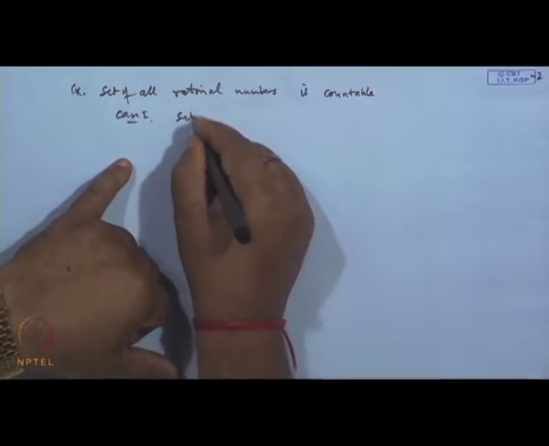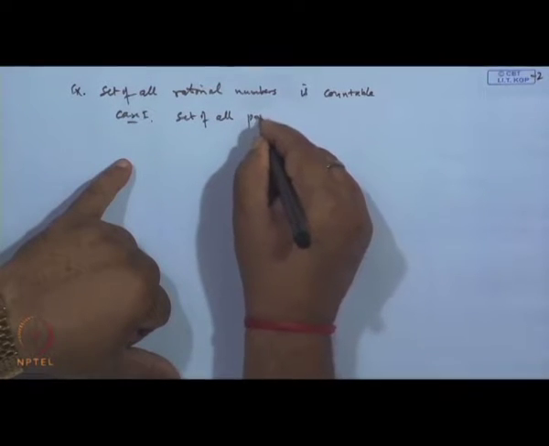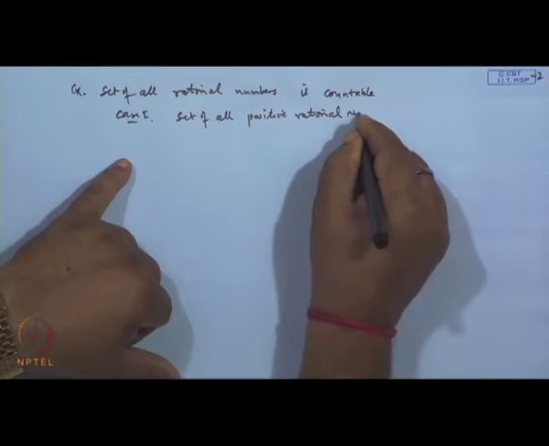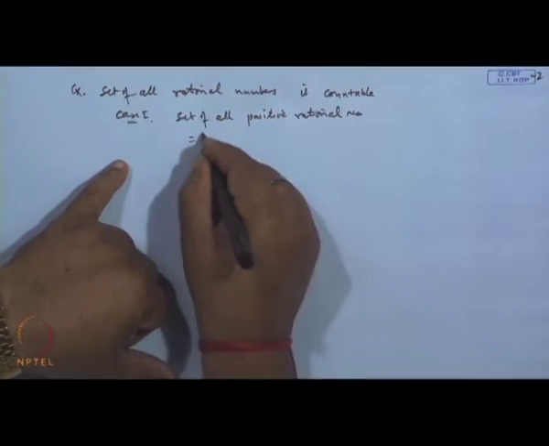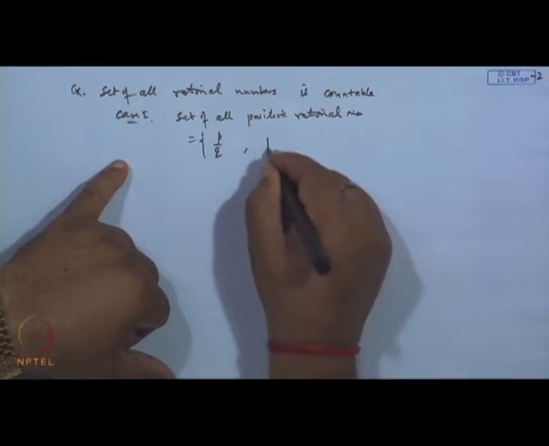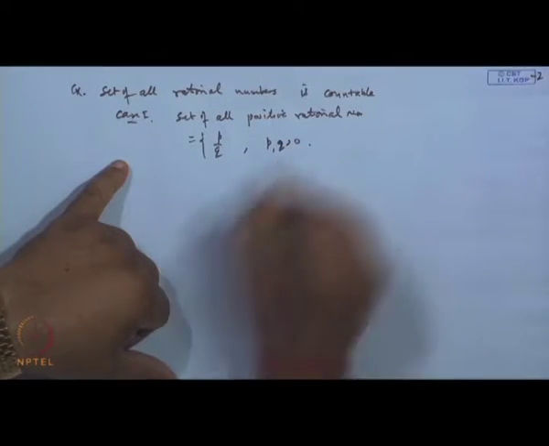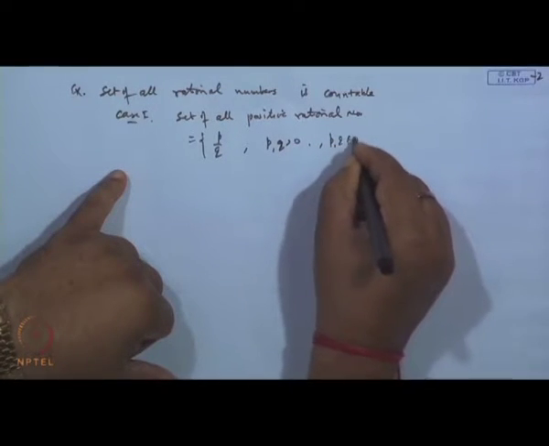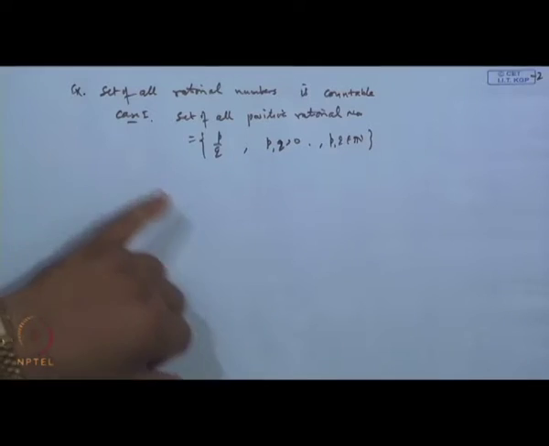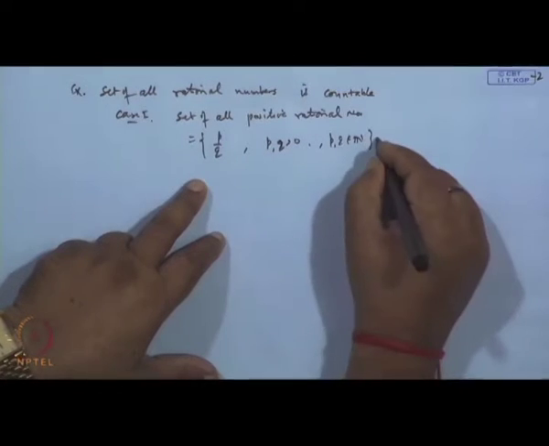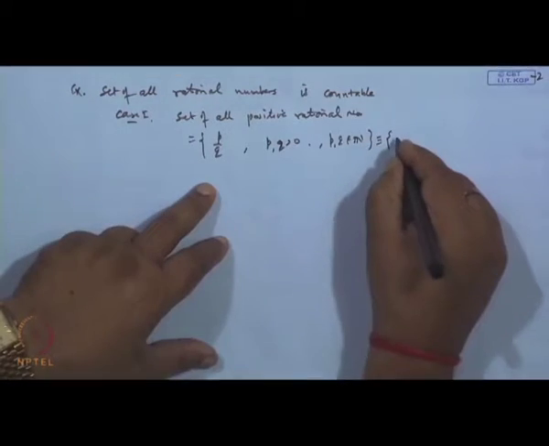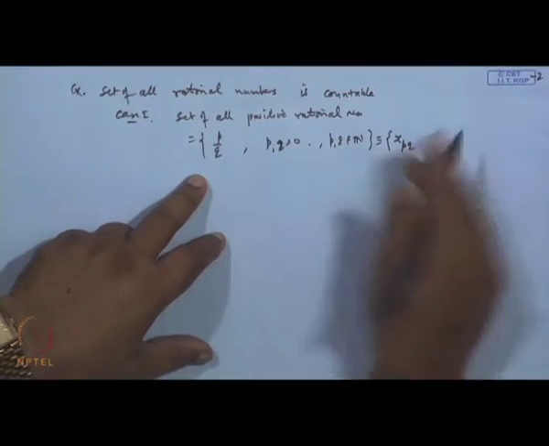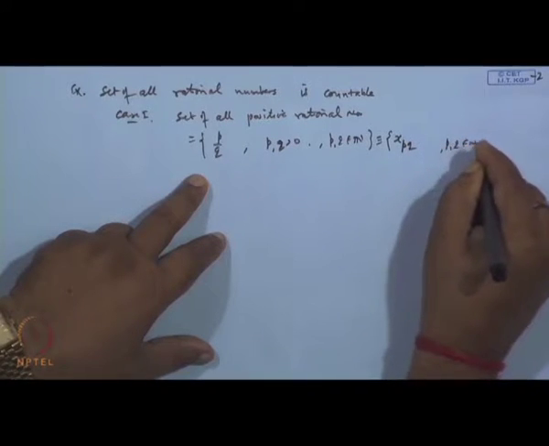Suppose I take the set of all positive rational numbers, that is, it will be of the form p by q, where p and q both are positive integers, natural numbers. So, basically this is of the form p by q, where p and q are natural numbers.